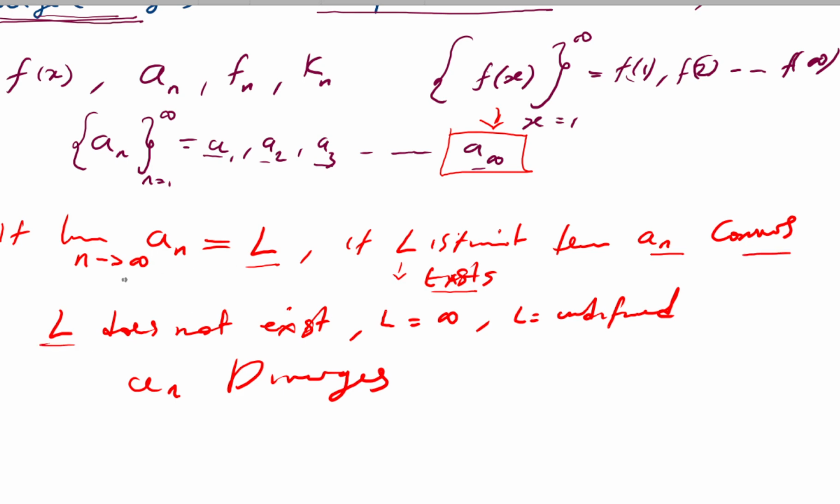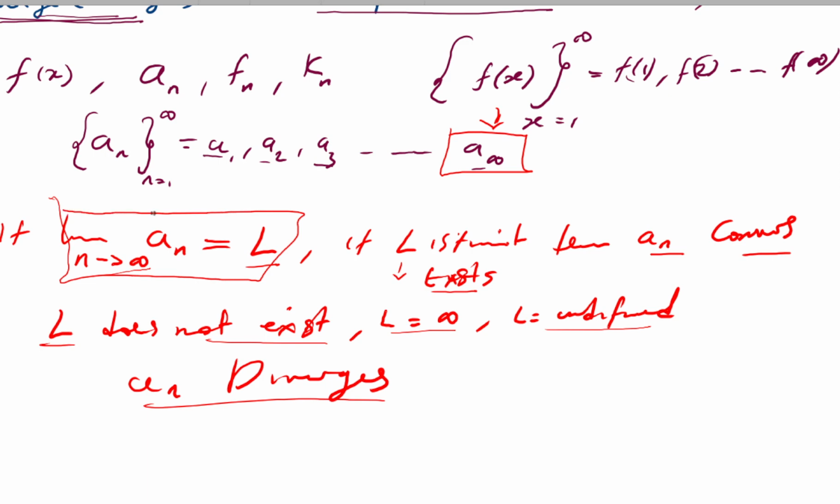If L as n approaches infinity does not exist, L equals infinity, or L is undefined, then the sequence diverges. Since we are taking the limit to find whether the sequence converges or diverges, we have to recall all those principles that we were using in calculus to compute the limit.